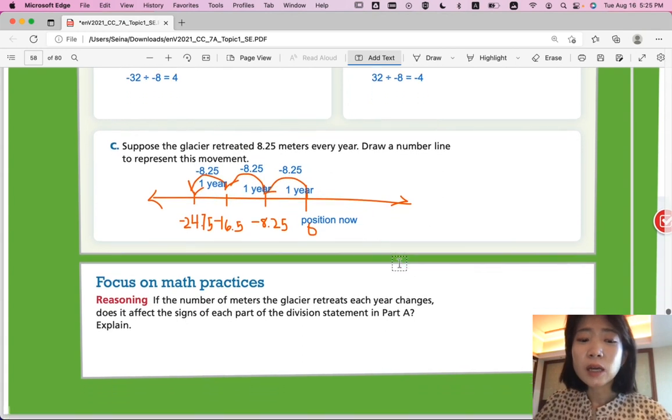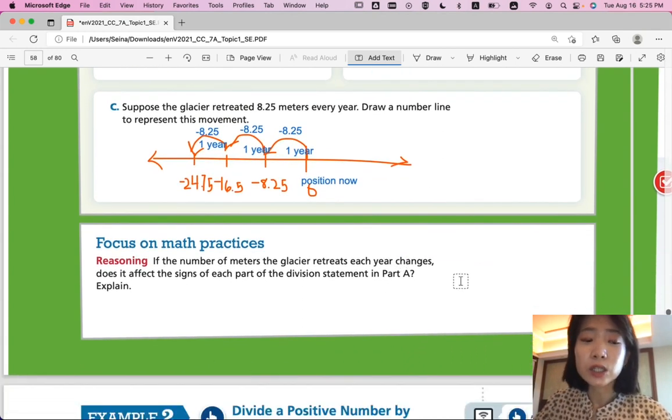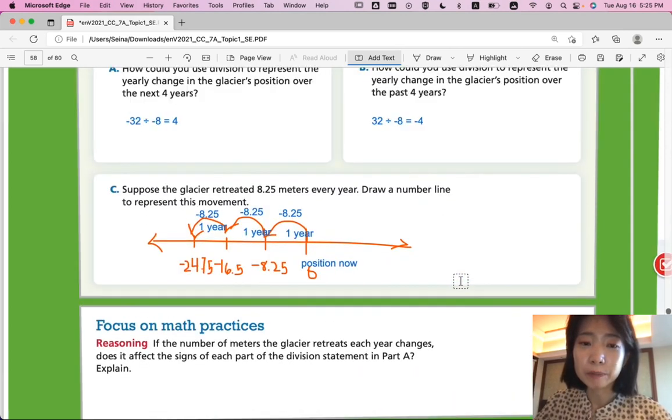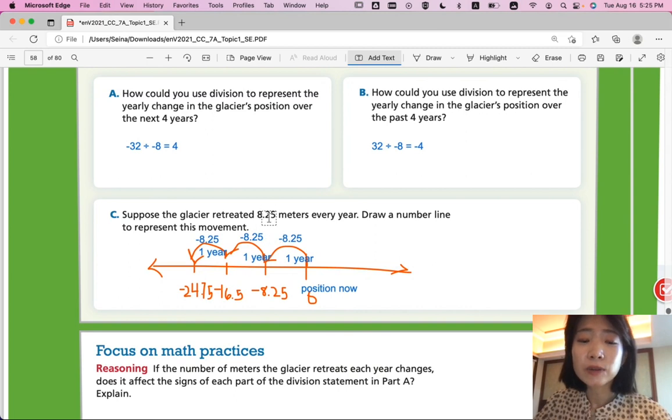If the number of meters the glacier retreats each year changes, does it affect the signs of each part of the division statement in part A? So if the number of meters changes from 8 to 8.25, does it change the signs in order to represent the yearly change in the glacier's position over the next 4 years? No, because it still retreats. It doesn't mean the glacier suddenly doesn't retreat and actually moves forward.